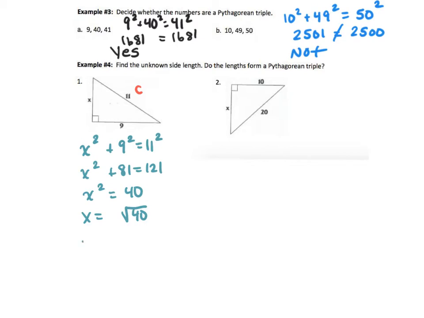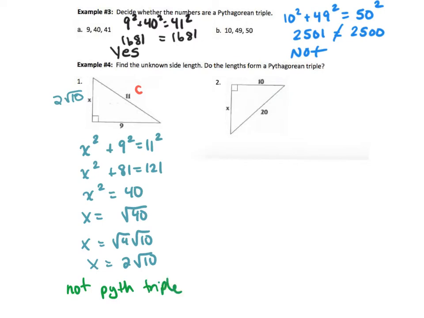And now I can simplify the square root of 40. It's the square root of 4 times the square root of 10. So it is 2 square root of 10. So the other side is 2 square root of 10, which is fine, but the problem is that is not going to be a Pythagorean triple, just because 2 square root of 10 is not a positive integer.